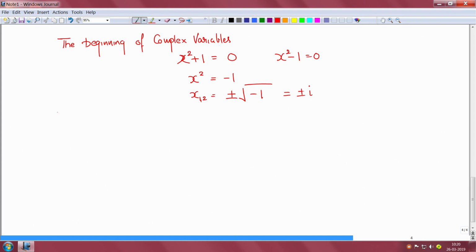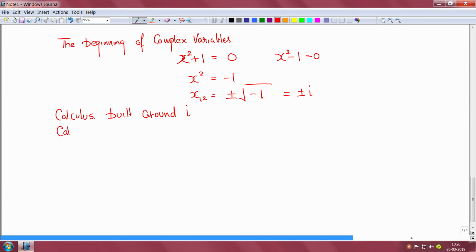Now, an entire calculus or branch of mathematics had to be built around this new discovery. And we are familiar with calculus of real variables.